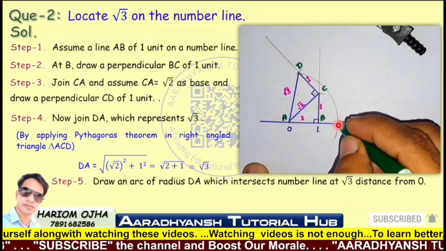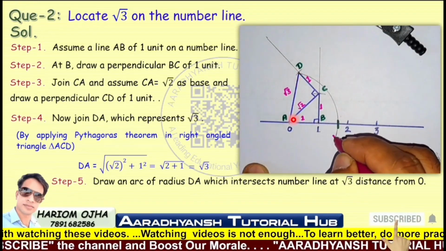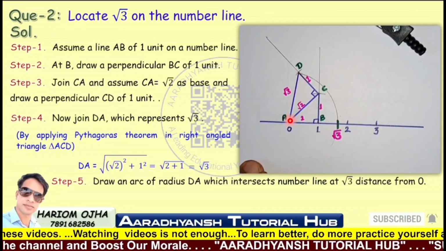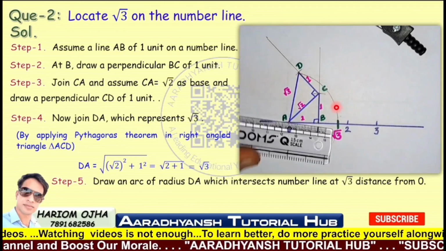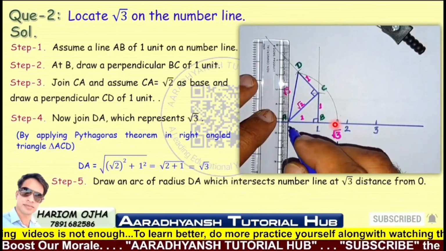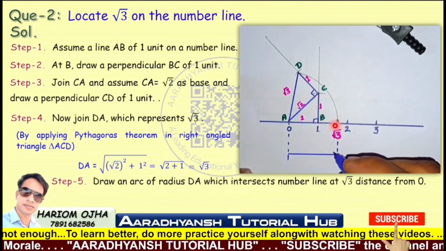Here this point represents square root of 3 because this length is square root of 3, and we take this radius and cut this arc. So this point also represents square root of 3. So this distance is also square root of 3.